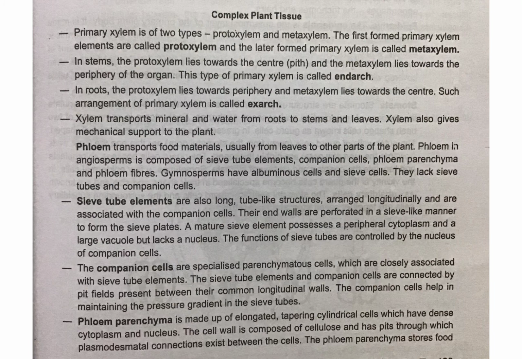Similarly, the primary xylem known as protoxylem and metaxylem, और endarch exarch condition आपको explain करनी है with examples. Then phloem: the elements like sieve cells, sieve tubes, companion cells, phloem parenchyma, phloem sclerenchyma और phloem fibers, इस तरह से individually आपको explanation point wise लिखना है.